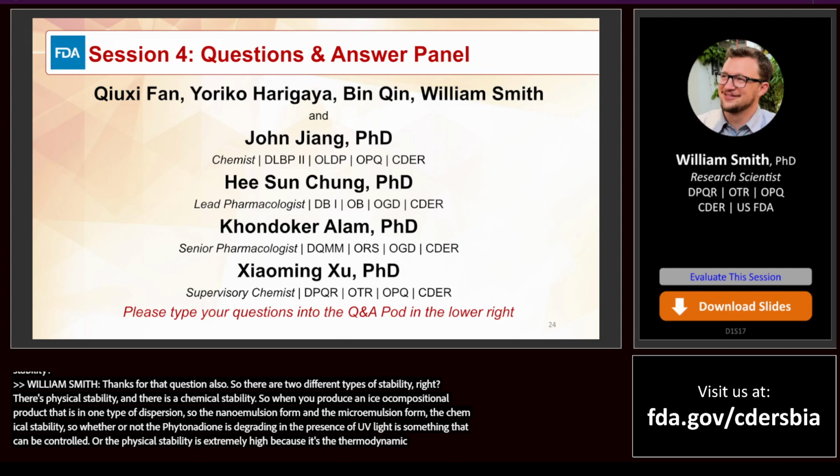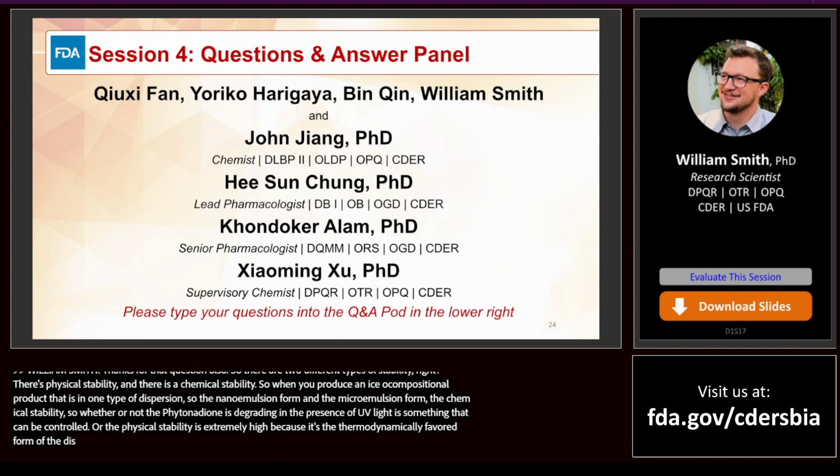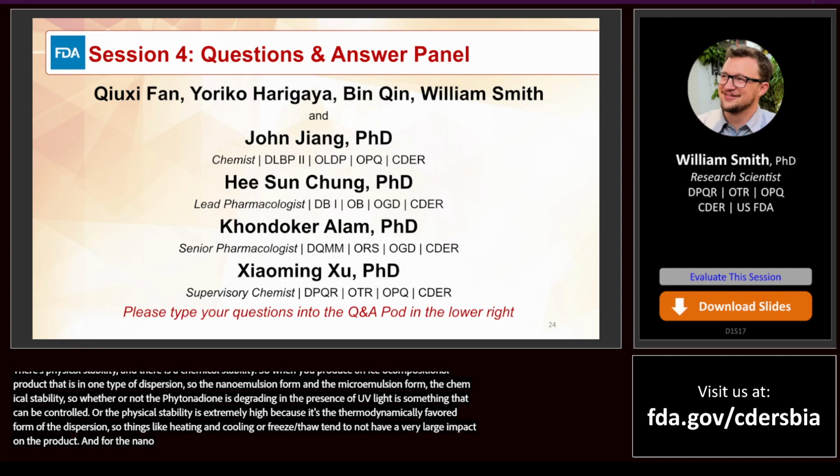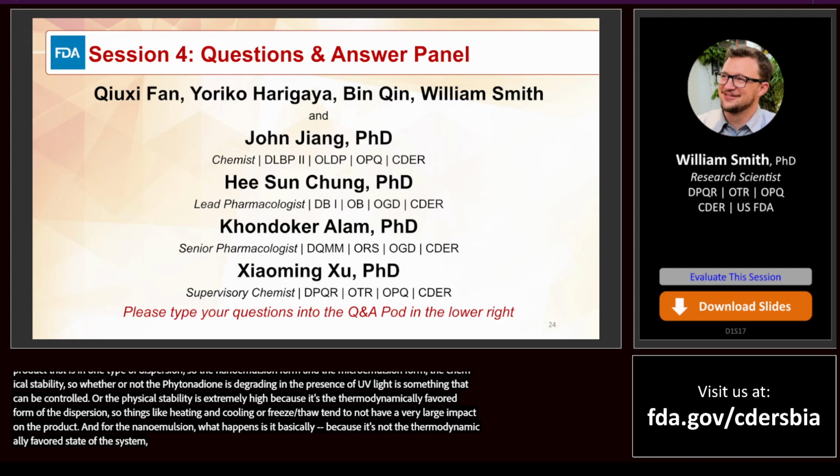the dispersion. So things like heating and cooling or freeze-thaw tend to not have a very large impact on the product. And for the nanoemulsion, because it's not the thermodynamically favored state of the system, when you do those kinds of stability testings, they just become microemulsions.